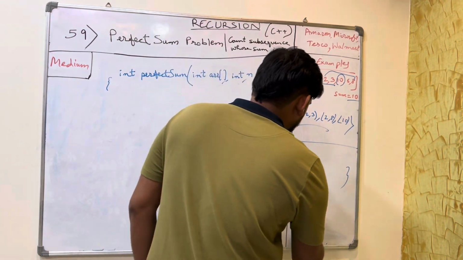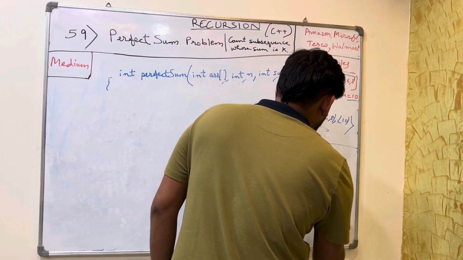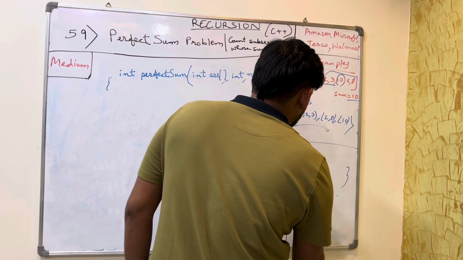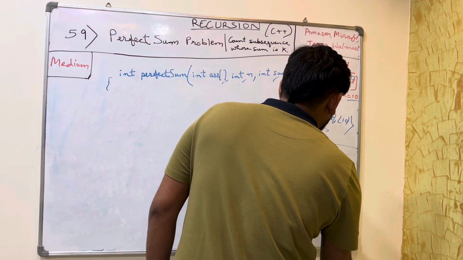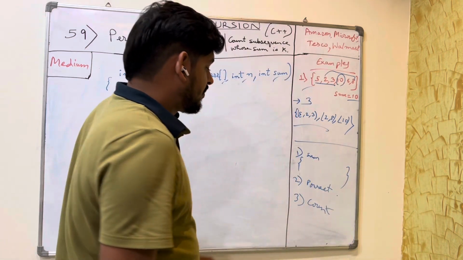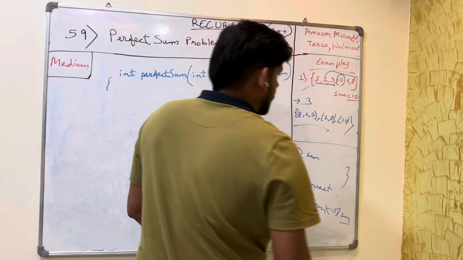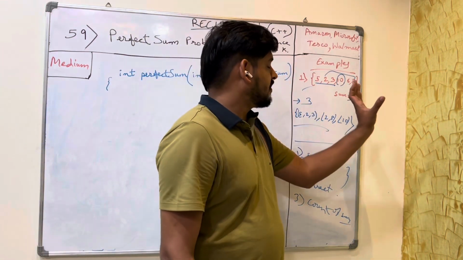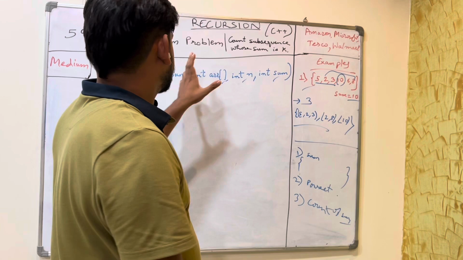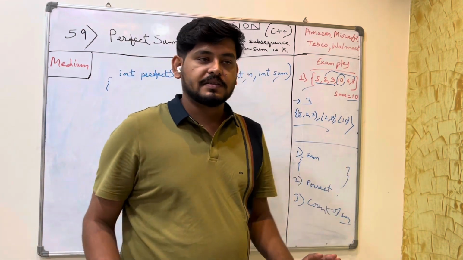In the second question we found the power set of an array, and in the third question we are finding the count of subsequences whose sum is k. Perfect sum problem. So now how do we solve this?